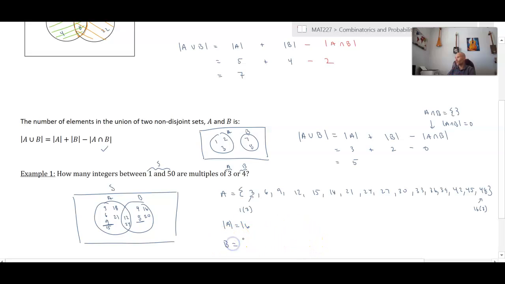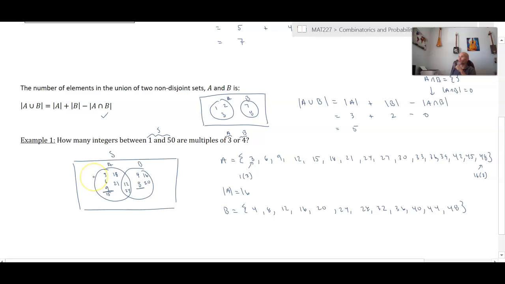Now B is going to be all the multiples of 4. So I have to count by 4s: 4, 8, 12, 16, 20, 24, 28, 32, 36, 40, 44, and 48. Now, we already observed that every fourth multiple of 3 is in common, so 12, 24, 36, 48, and every third multiple of 4 is what A and B have in common.